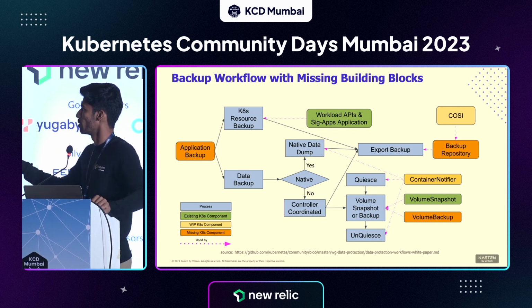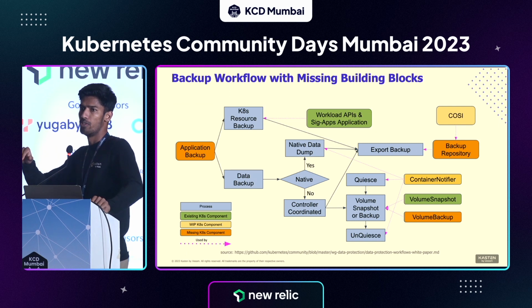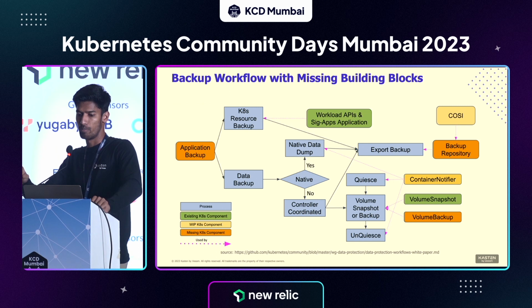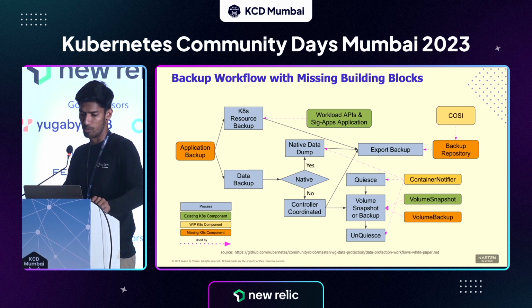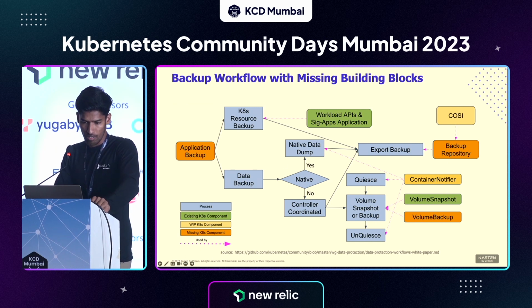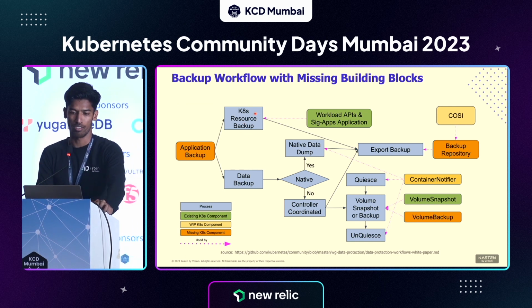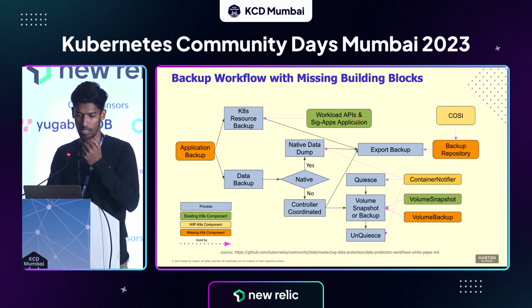So it starts with the application backup API. The API will figure out what different resources we need to back up, and the PVCs, or the data that needs to be backed up. For backing up Kubernetes resources, Kubernetes already has the API to do that.